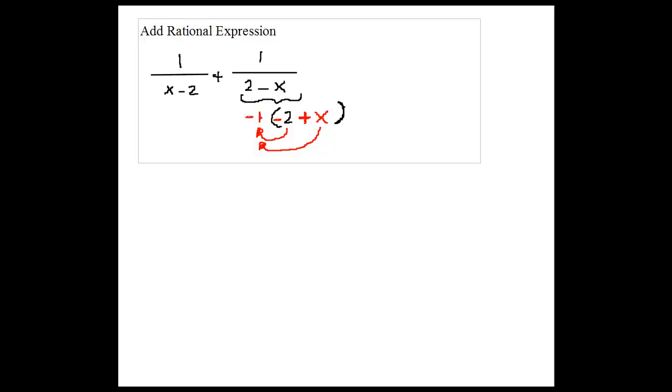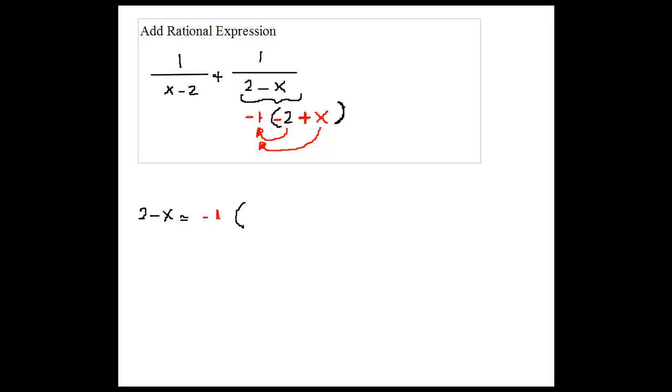So let's take a look at this here. When I have 2 minus x, if I factor a -1 here, you notice I'm not multiplying this by -1, I'm factoring the -1 out.